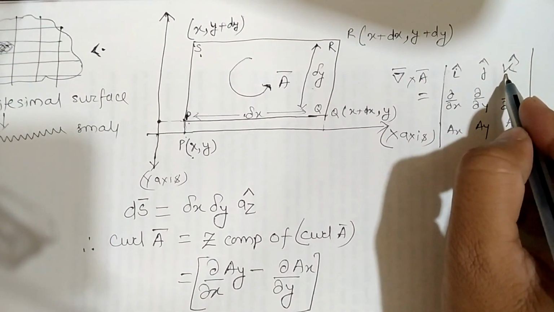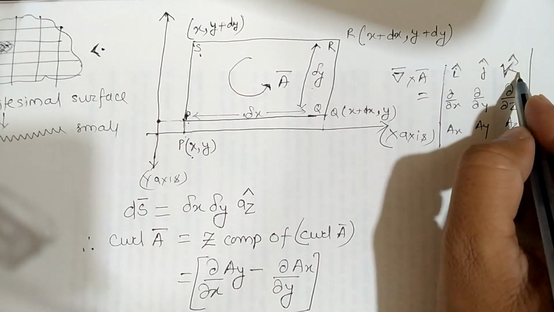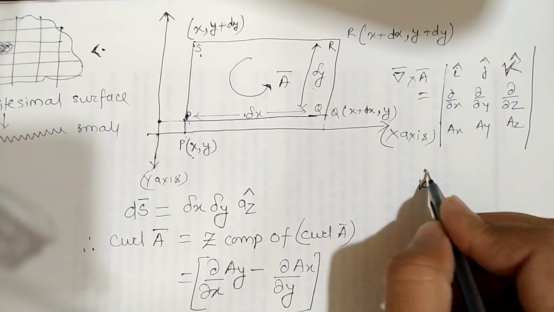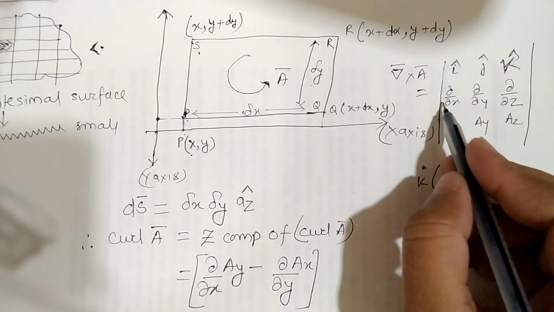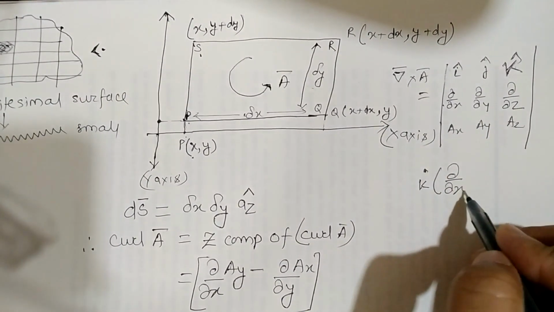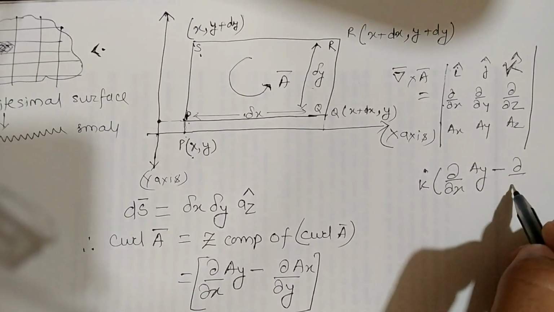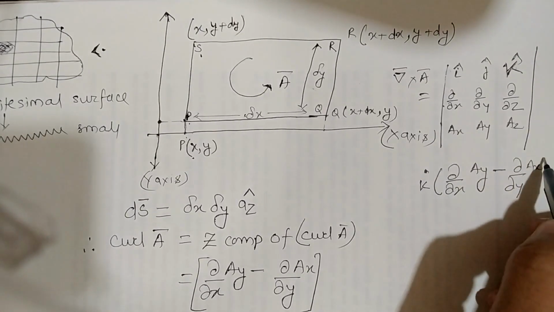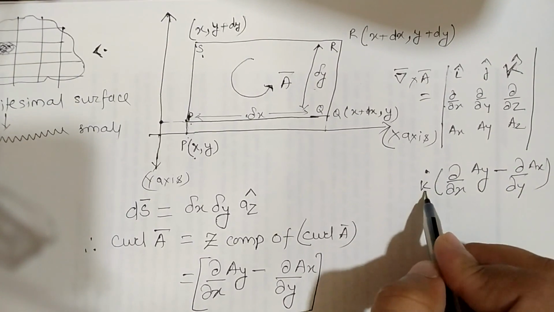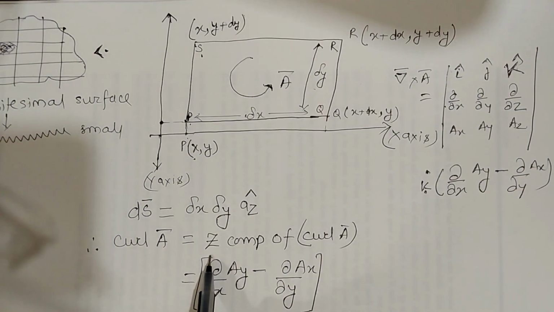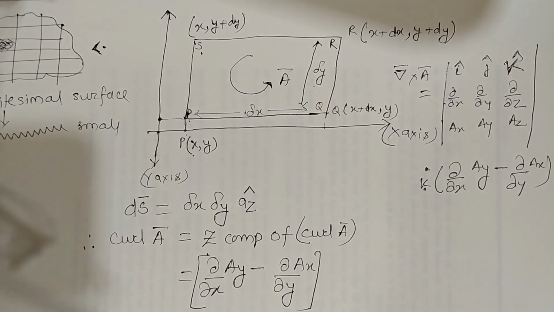Now if I want to find the z component, it will be k cap times del by del x of ay minus del by del y of ax. So this is the z component of the curl of a bar.